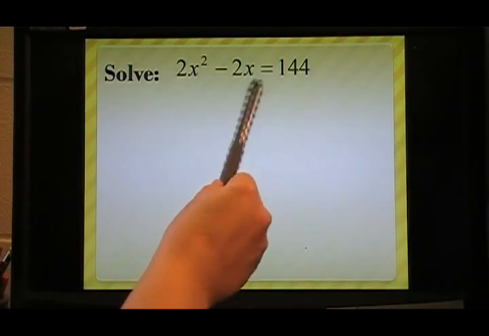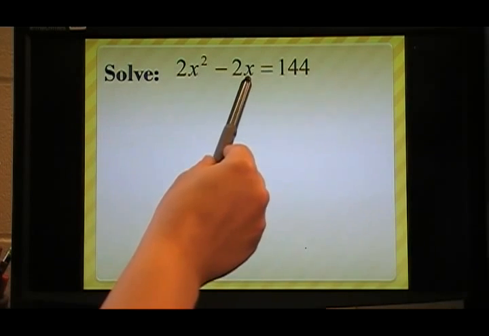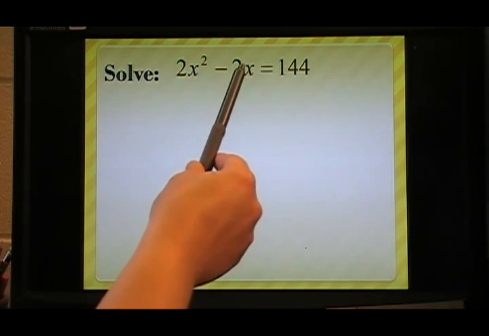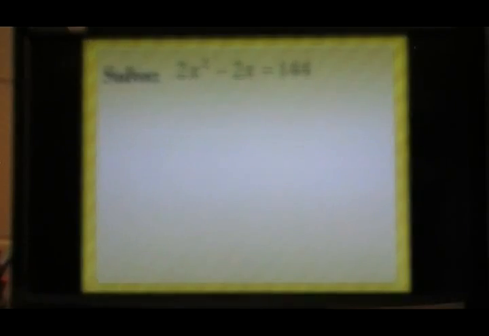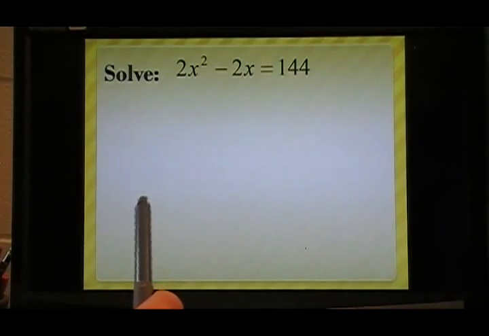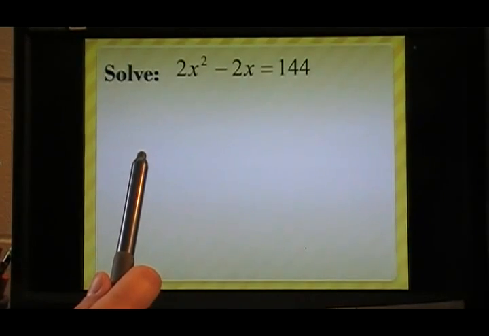Having this 2x term here makes it, at this point, until we learn how to complete the square, impossible for us to do something squared equals a number. So solving by extracting the root at this time is not an option.